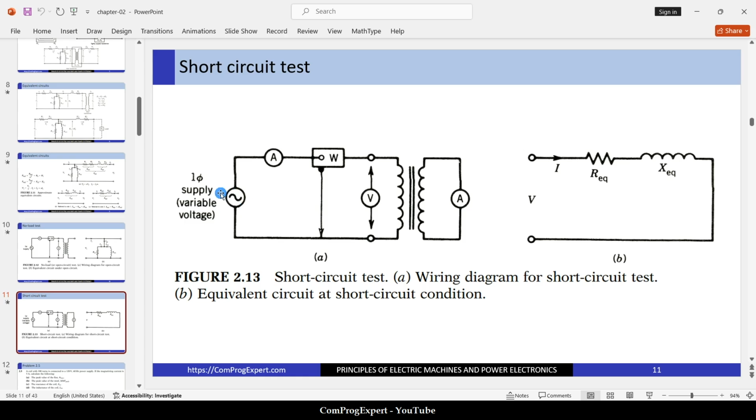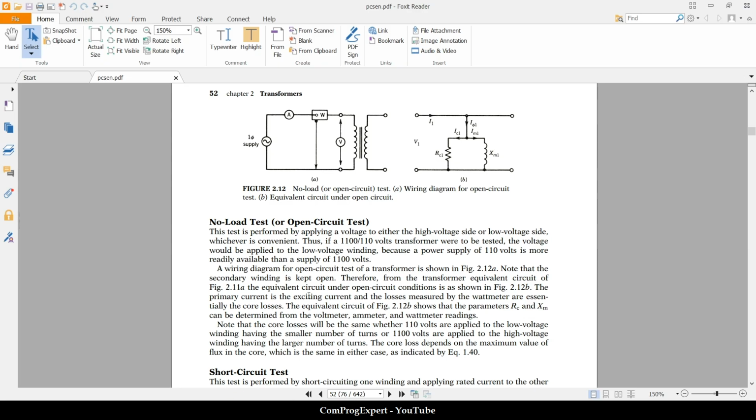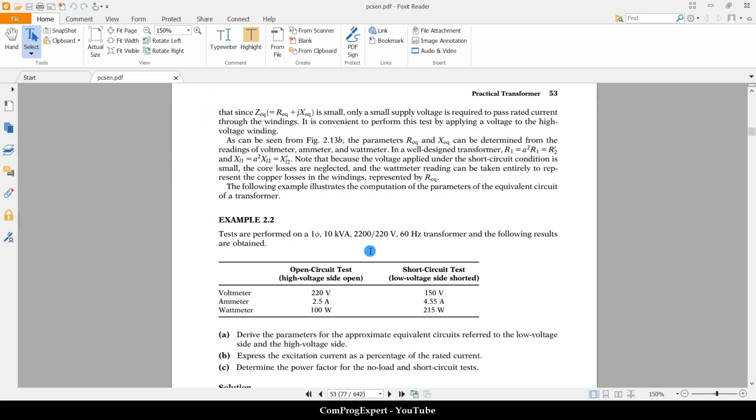We increase the value of the power supply voltage gradually up to getting the rated value of the current in the secondary winding. And then we can read these numbers to determine the R equivalent and X equivalent. So you can review the chapter for these two tests.